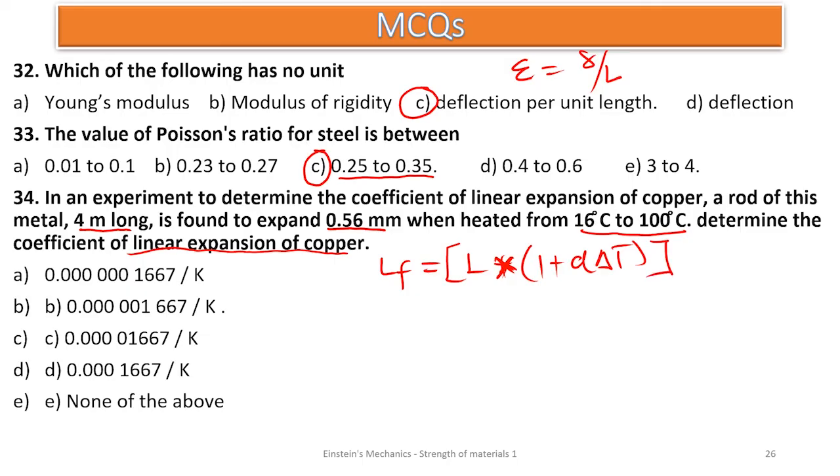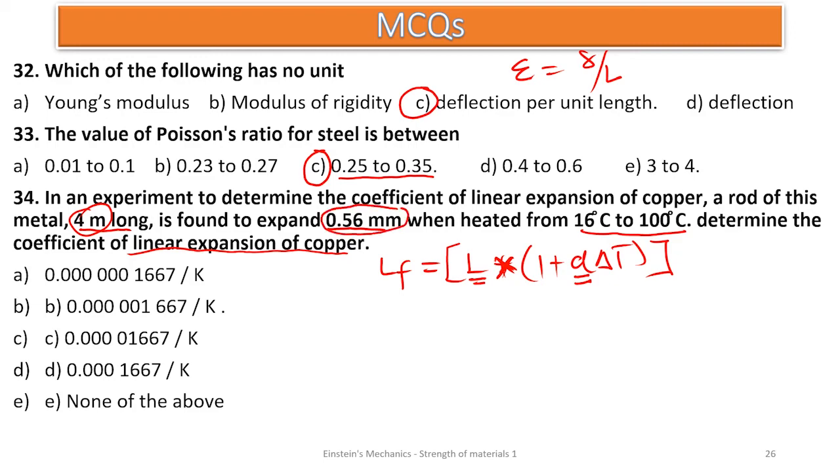So here we are interested in finding the coefficient of expansion. We have the final length, because the length is given here as 4, and it is going to expand by this amount.